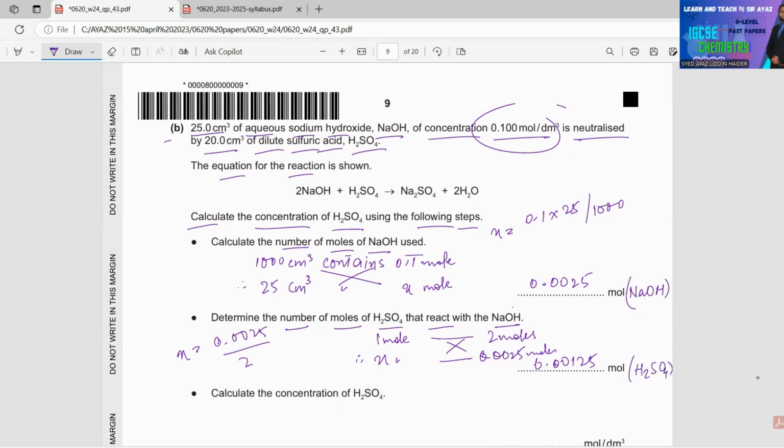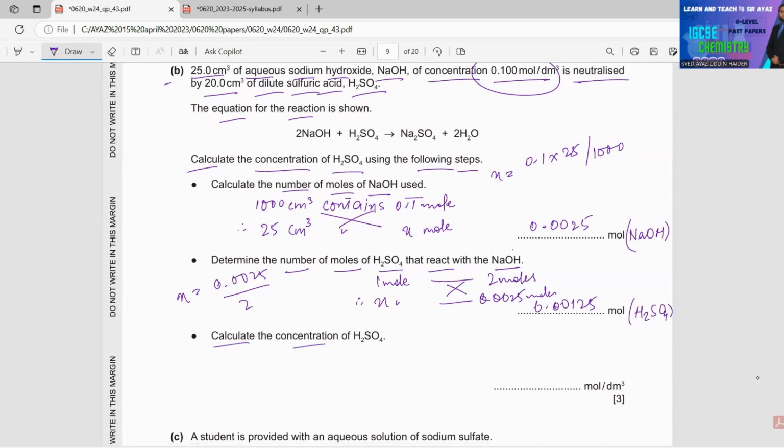Now we have the moles of H2SO4. Calculate the concentration of H2SO4. These are the moles in 20 cm³. So 20 cm³ contains 0.00125 moles. Therefore, 1000 cm³ contains X moles. Do the cross. What will you get?